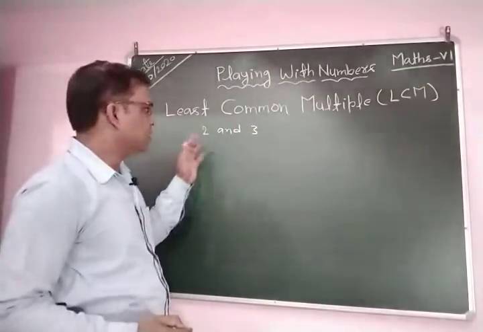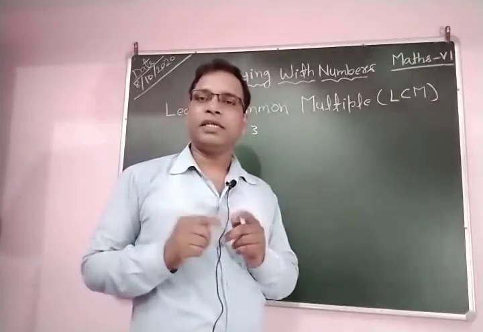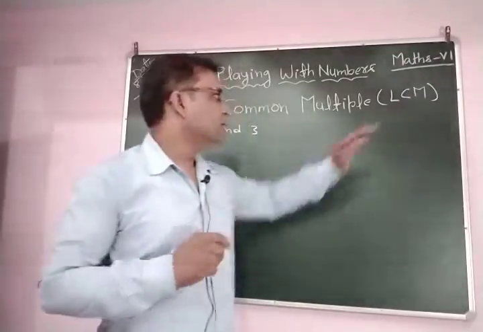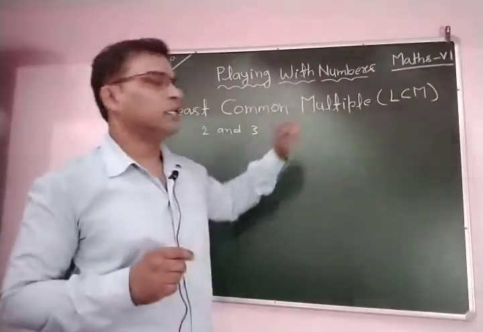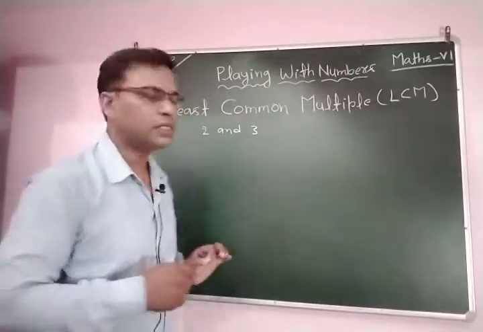We need to find the LCM of 2 and 3. So for this, first you find the multiples, because the LCM is the least common multiple.